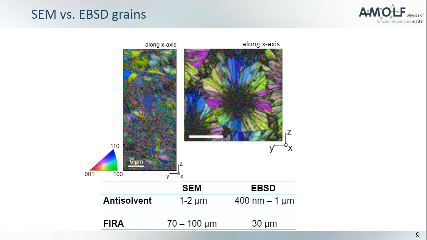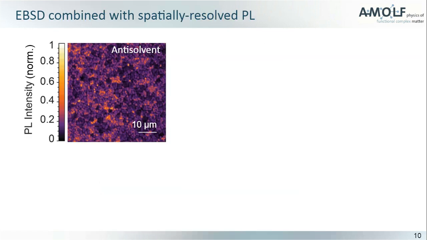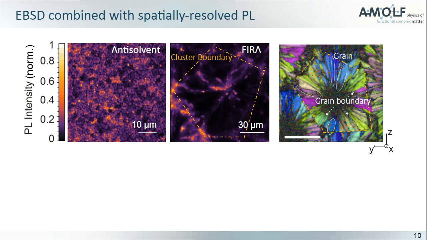On the other hand, the reason why using this EBSD system is very nice for investigating this type of material is that you can correlate the structural properties with spatially resolved optoelectronic properties. For example, we can correlate the crystal orientation that we observe with the EBSD with the spatially resolved PL measured on the same sample and on the same grain.